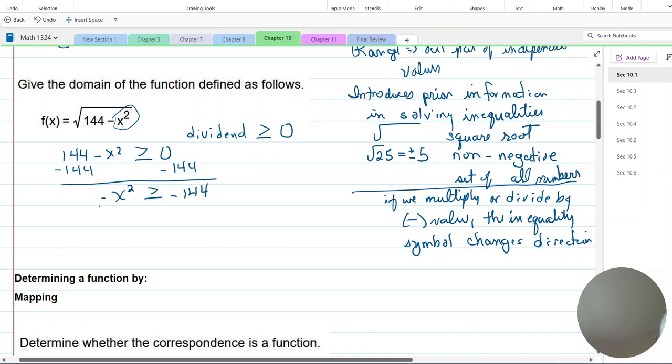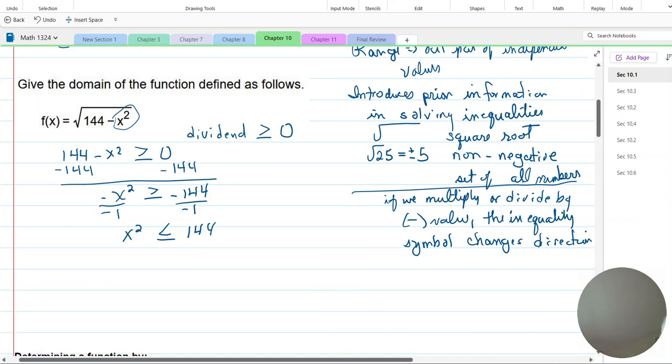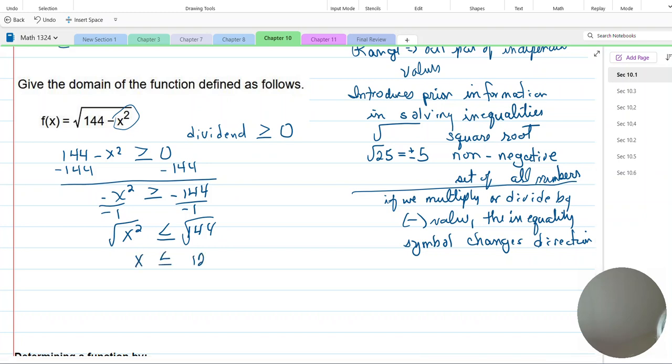Now I'm going to divide by that negative 1 so that x squared is, flip it, right, a positive 144. So now to solve, we would take the square root. And of course, x has to be less than or equal to 12, and it's a plus or minus. So now we have two outputs, two parameters, I should say.